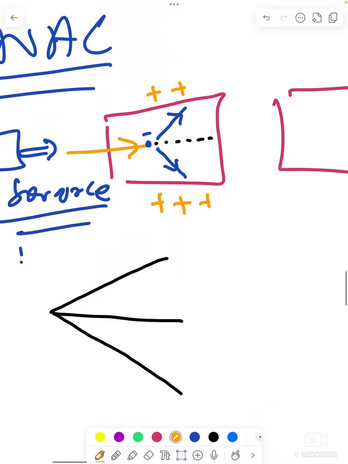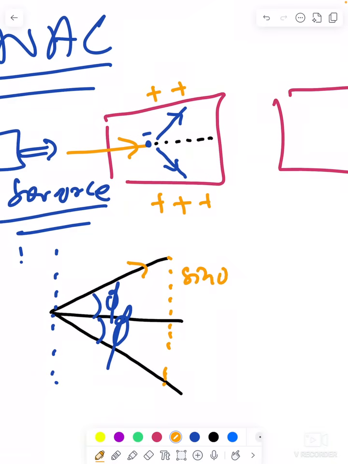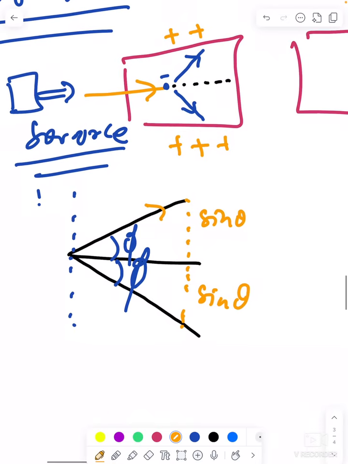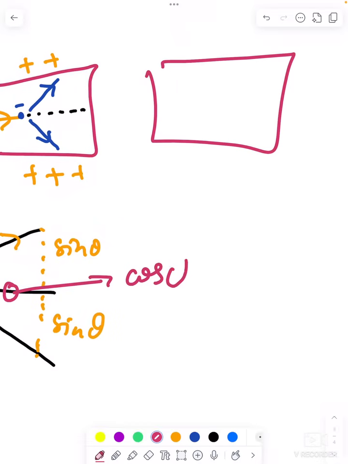When it is acted on by the top and the bottom, we can draw their components. The vertical component is sine theta, and same for the down one, sine theta, and for the horizontal we have cos theta.